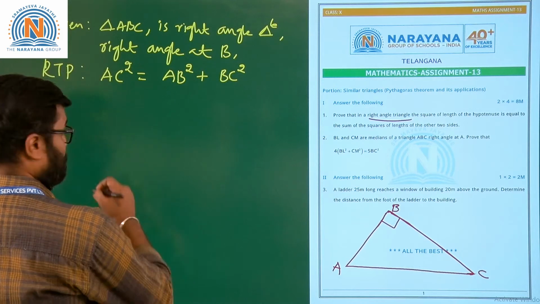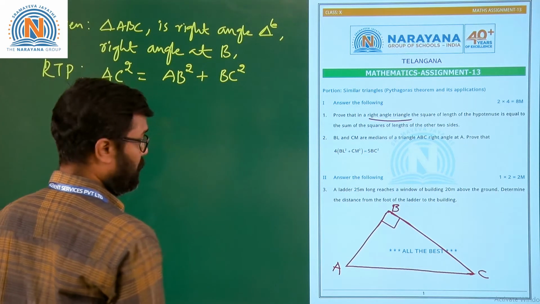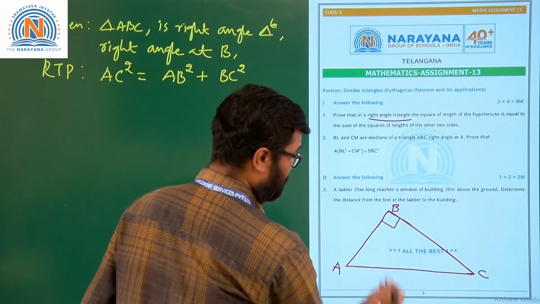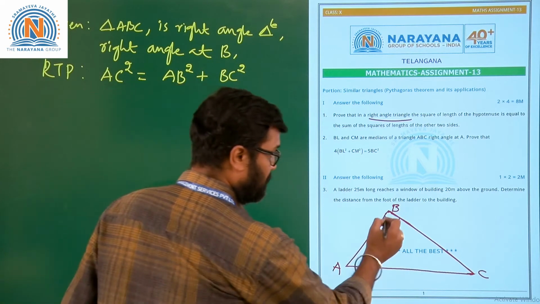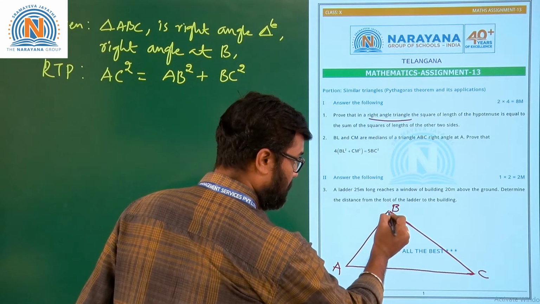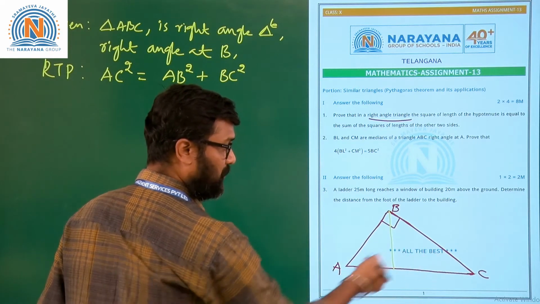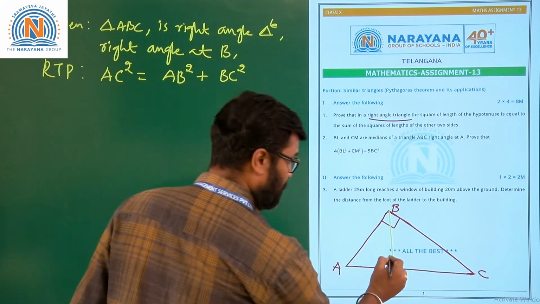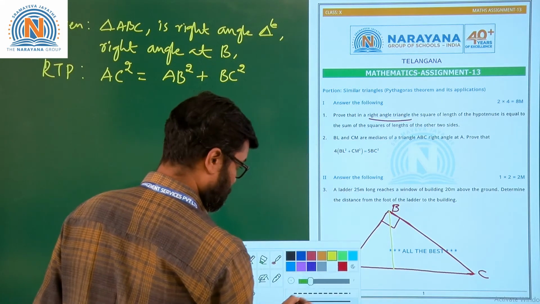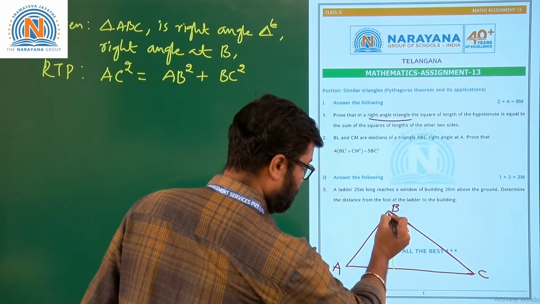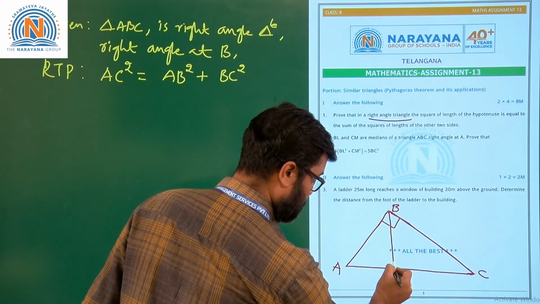Before going to prove, here we have one construction: let's drop one perpendicular line from B to the hypotenuse AC. Let's do this with red ink.